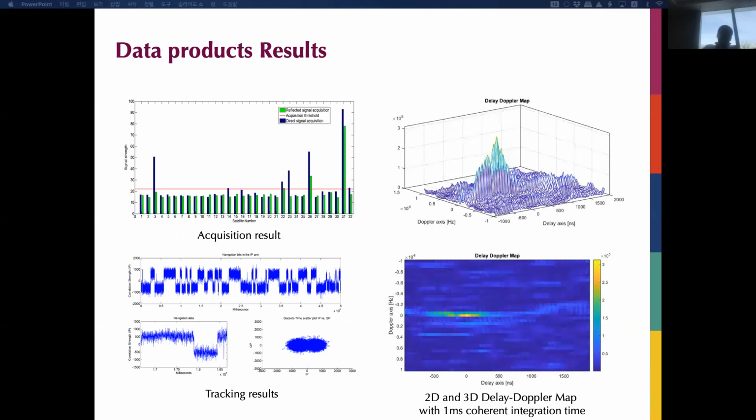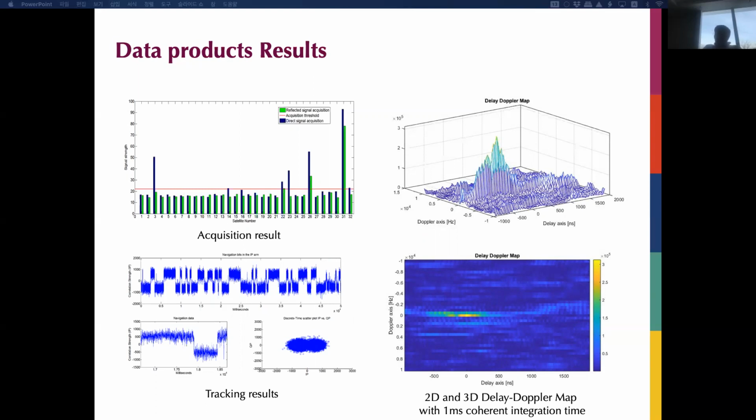On the left side, those are the fundamental properties when the receiver works as a GNSS receiver. Acquisition and tracking are the basic fundamental functions which every GNSS receiver has to do.